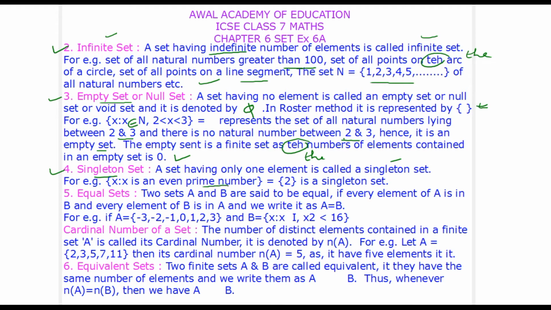There is only one even prime number, that is 2, right? So only one element is here, so it has become a singleton set, right students?